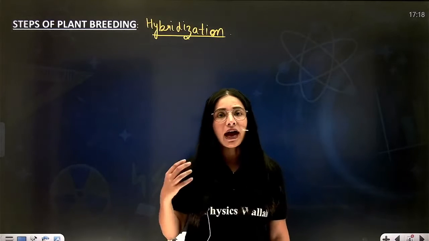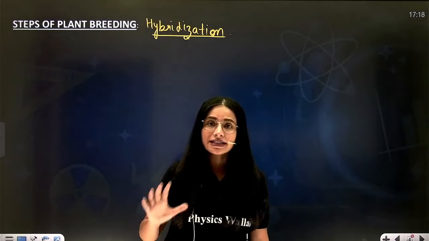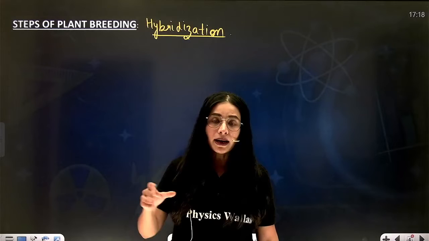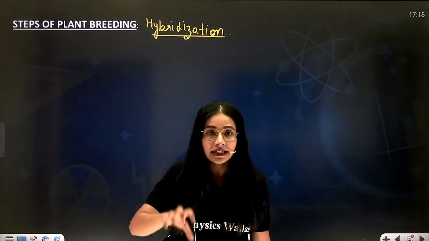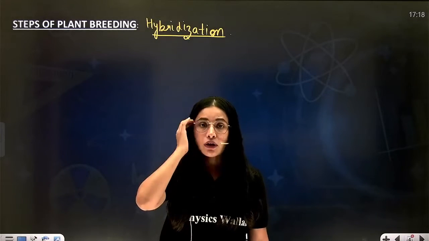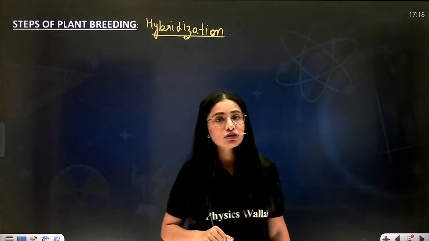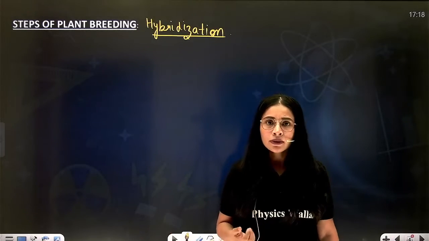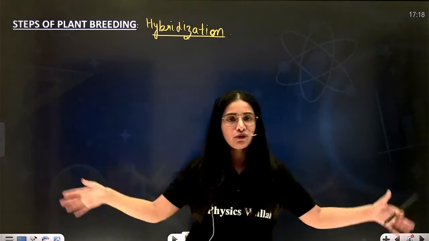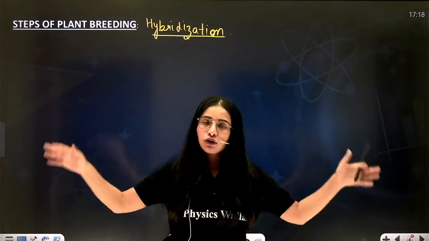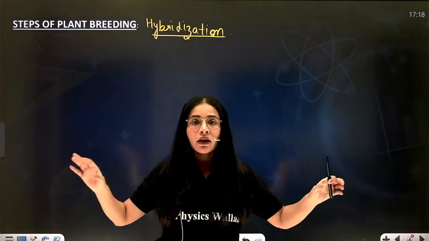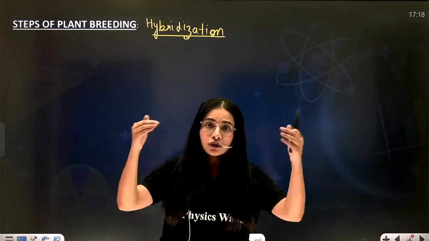For example, I have a seed which is resistant towards disease, but its production power, its yielding power, is less. Now suppose that seed I plant in the soil and try to grow, then okay, that crop will be free of any disease, that crop will grow healthy, but will it be sufficient to feed my public?